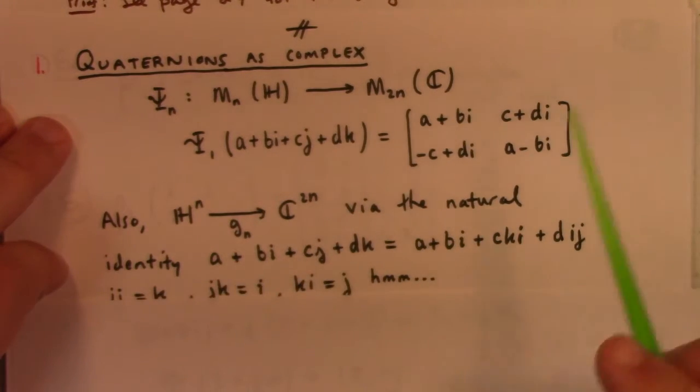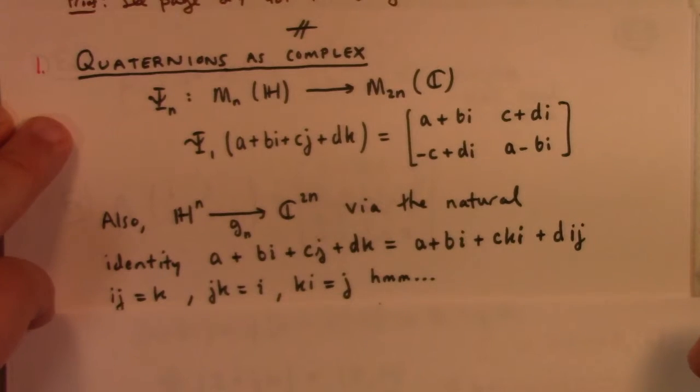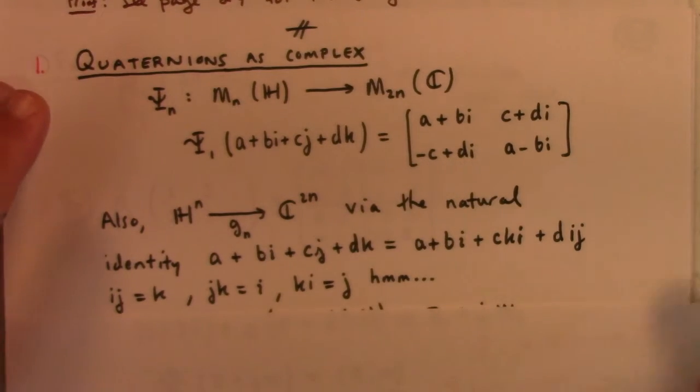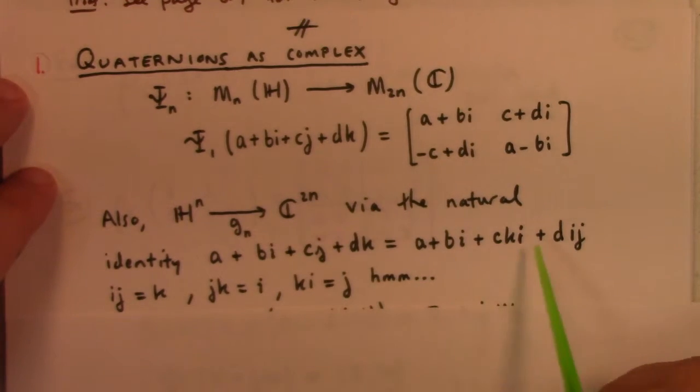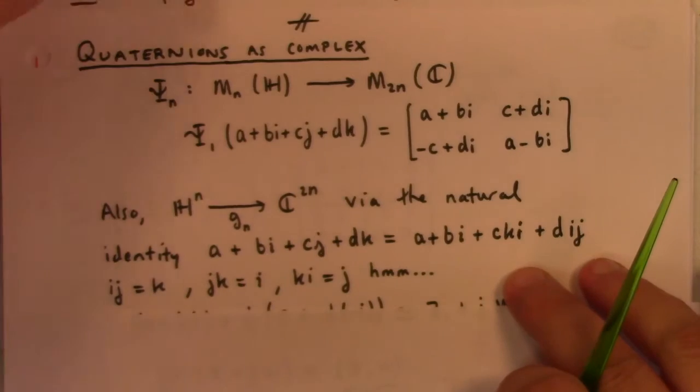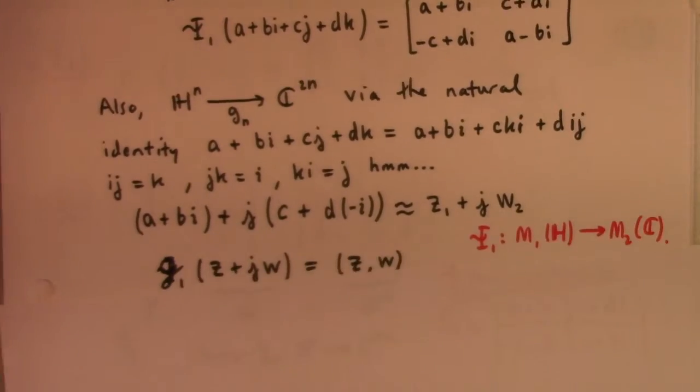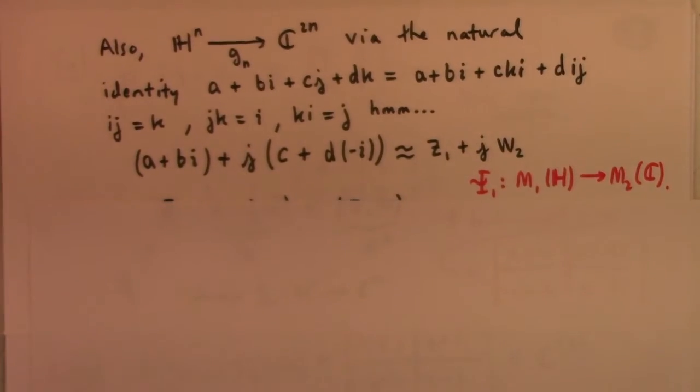That comes from rewriting this in terms of the usual relations on the so-called versors i, j and k. So ij is equal to k, jk is equal to i, ki is equal to j. So I can rewrite this. Here's how to do that.